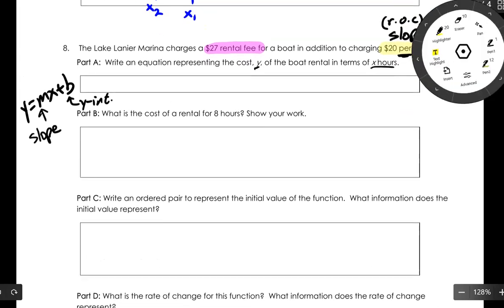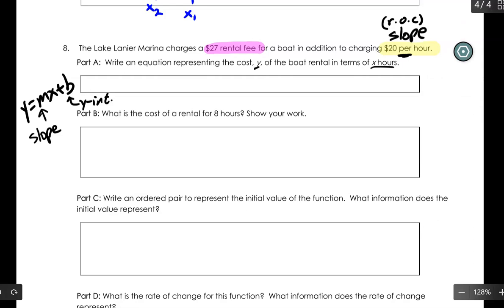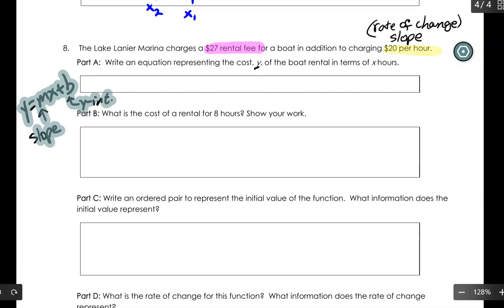Let me see if I can use a smaller pen. It's getting kind of hard to write, so let me try that again. So it's my slope. Oh, that looks a lot better. It's also your rate of change. Sorry for taking up a little bit more time, but this does look a lot easier to read. So y equals mx plus b.